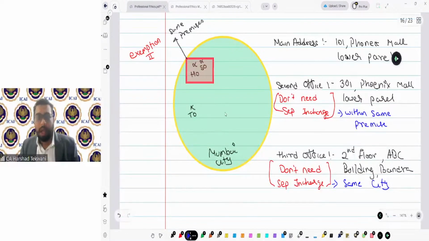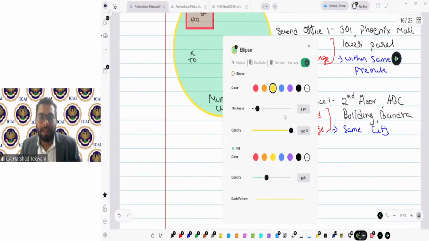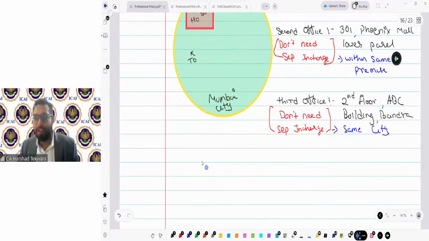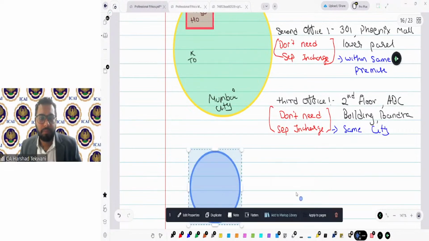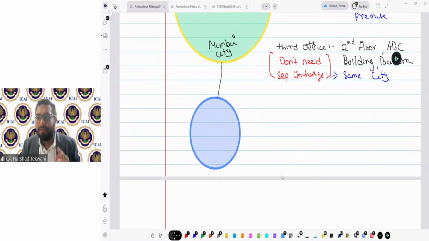Fine. Third condition. Let's say, for example, I am not opening my office in Mumbai, but I am opening an office located within a distance of 50 kilometers from the municipal limits of city one. Let's say the distance between these two, the second office is within 50 kilometers from the municipal limit of city one.